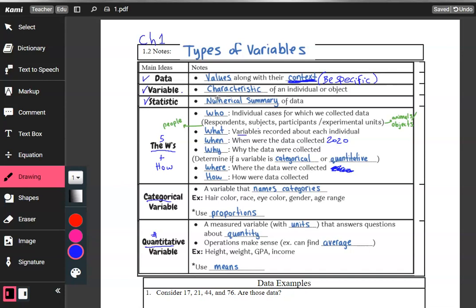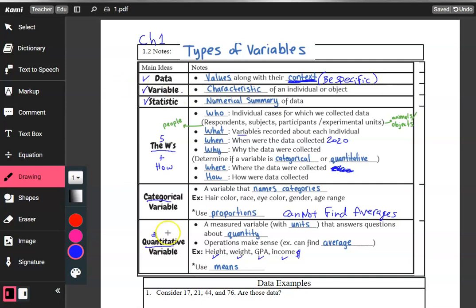So you're able to find the average height, the average weight, the average grade point average, maybe money. So we use means when we talk about quantitative. In categorical, we cannot find averages.